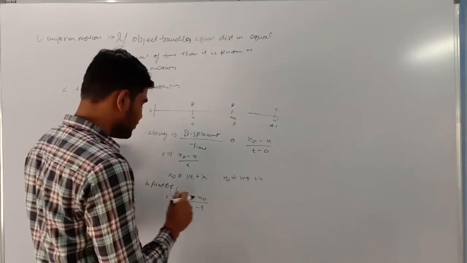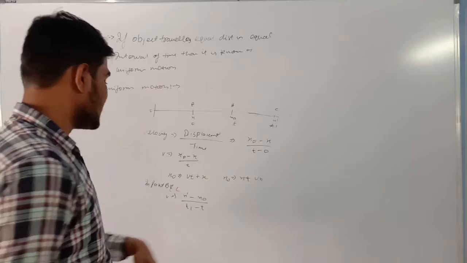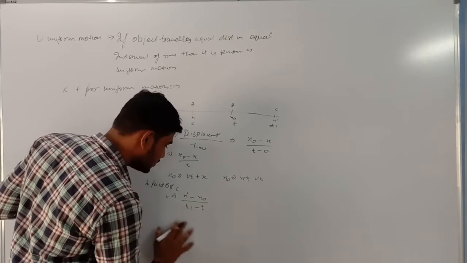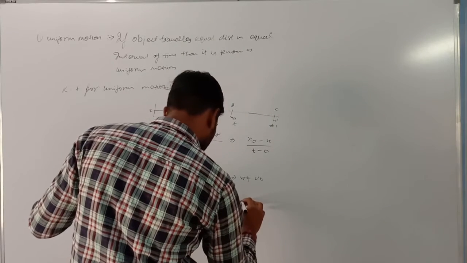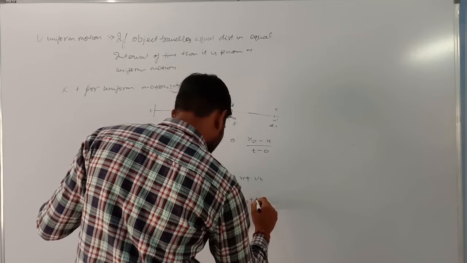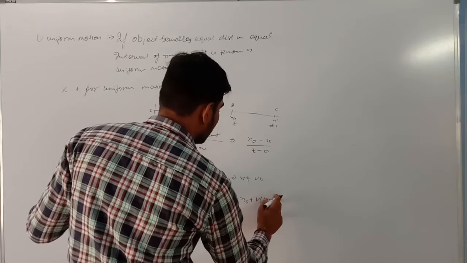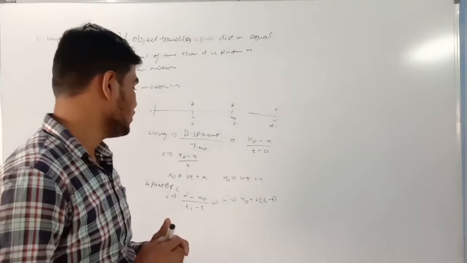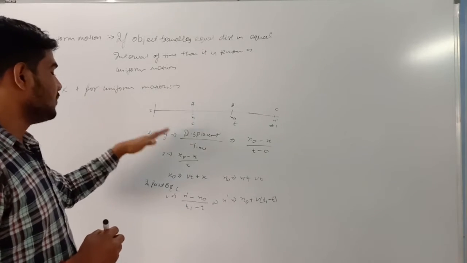So what will be the formula for the distance traveled, x dash? x dash equals x naught plus v into t1 minus t. This will be the position of the x dash point. This is the kinematic equation for uniform motion.